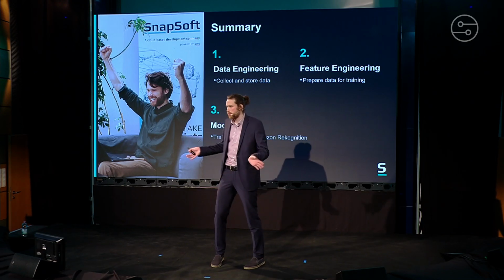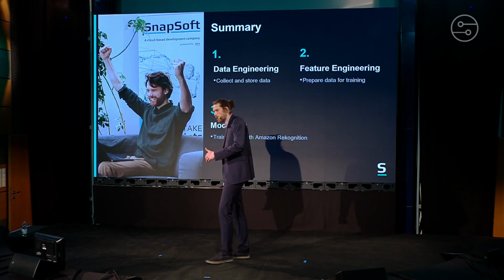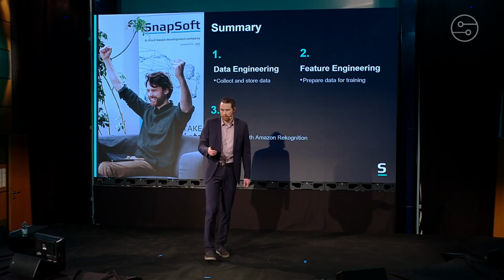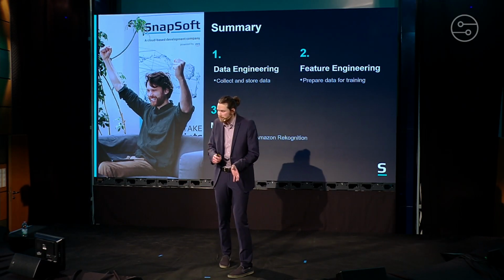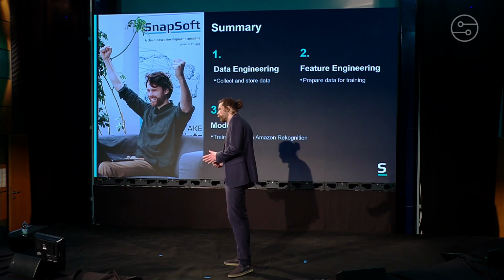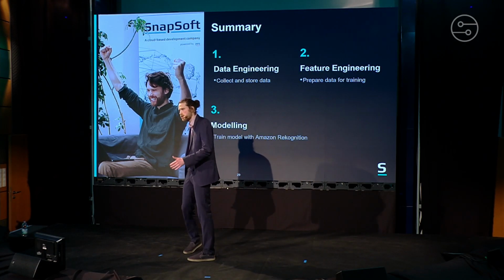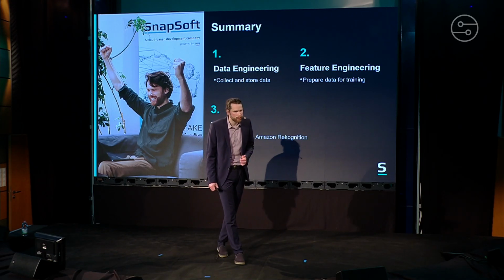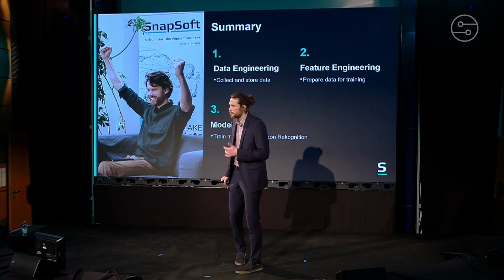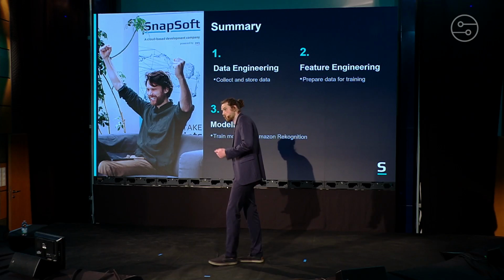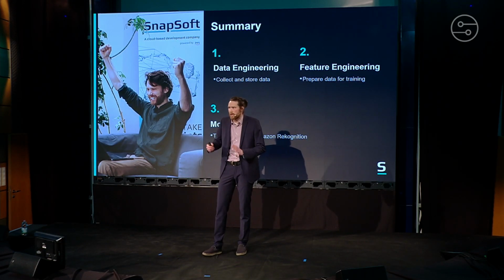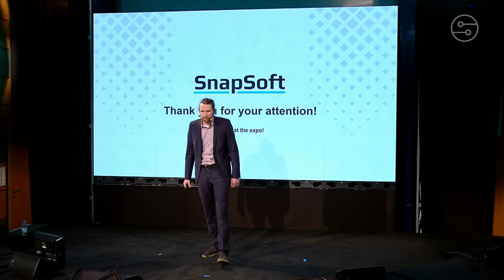We could have used the AWS SDK as well to detect labels on our own pictures. What we experienced throughout the whole journey is that for each and every challenge, there was an AWS service that did the heavy lifting for us, so we could focus on the problem and, a bit more importantly, have some fun. So thank you for your attention.